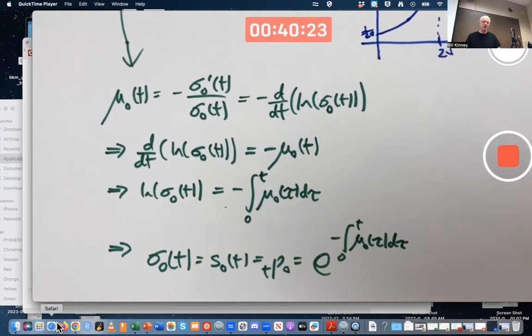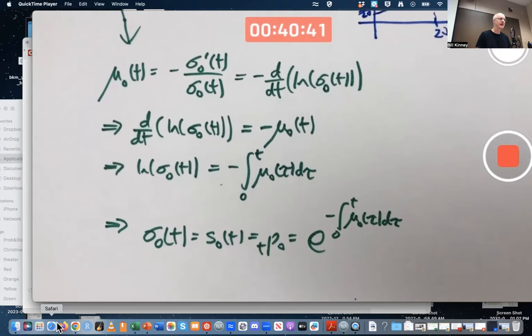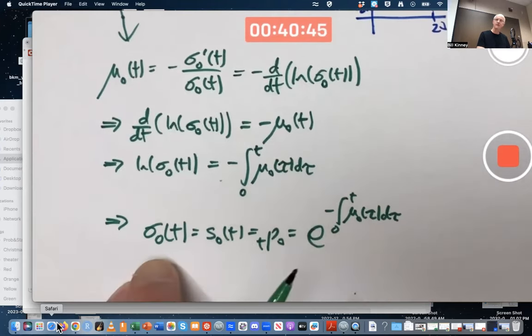And if you've taken differential equations, you might be looking at that and saying, that kind of feels like an integrating factor. Yes, it is related to integrating factors. That's how you figure out, if you know the force of mortality, the survival function.